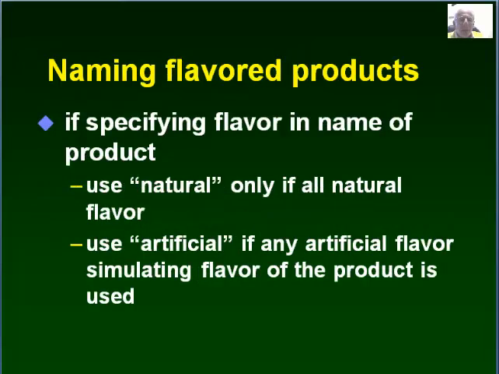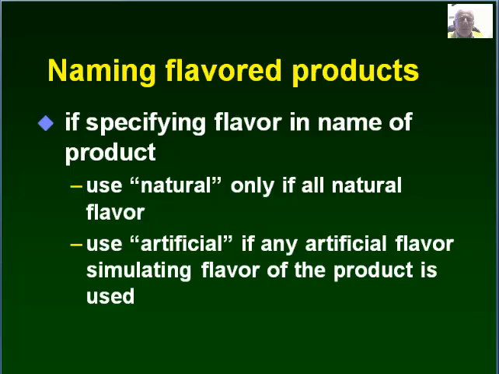So we also have regulations related to naming of flavored products. If you're specifying the flavor in the name of a product, use natural only if all natural flavors are being used.